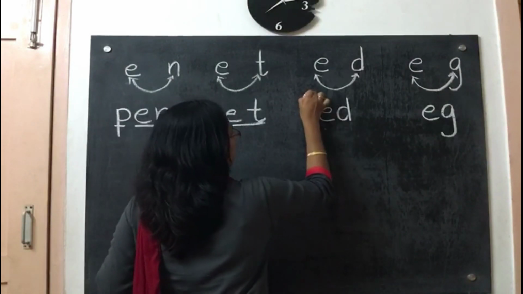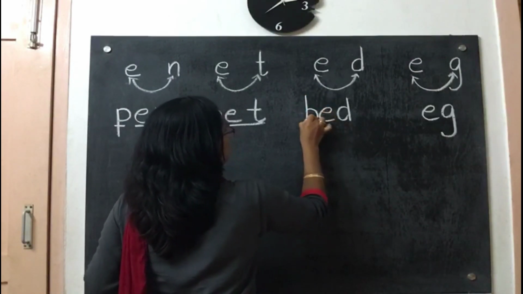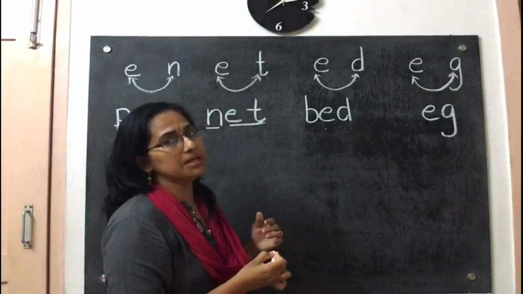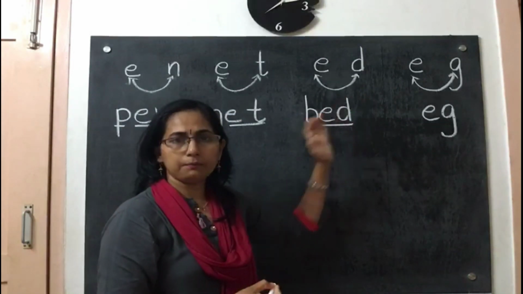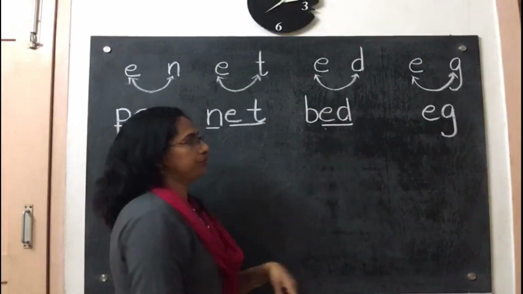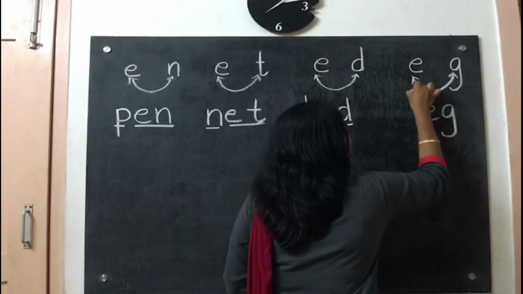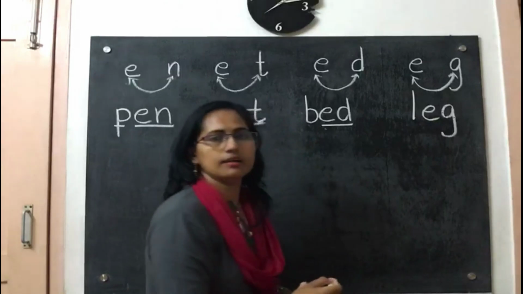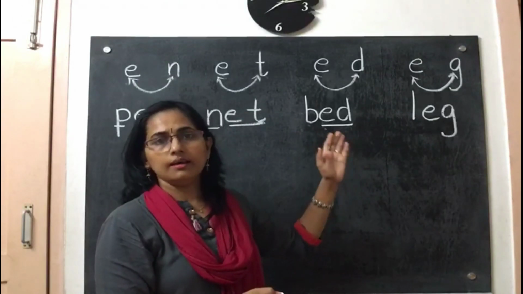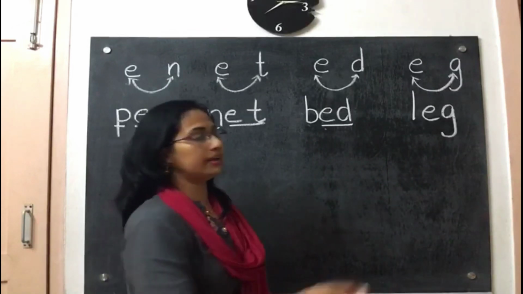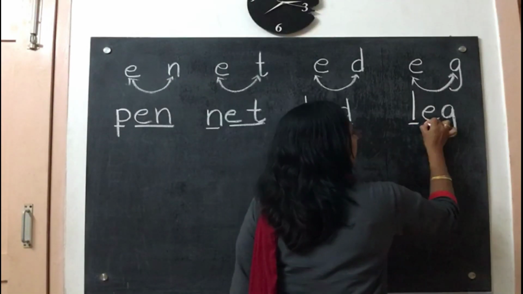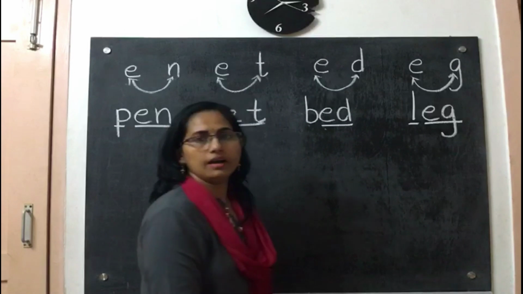Here, let me add letter B. The sound of B is B. Ed. Bed. Here I am going to add letter L. Eg. Leg. Separately, eg together.